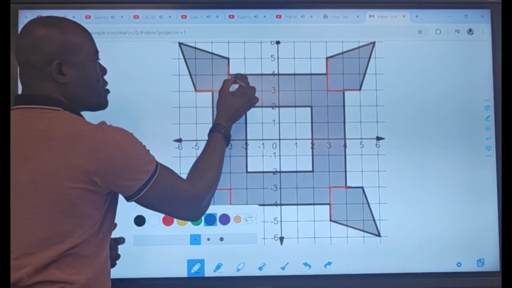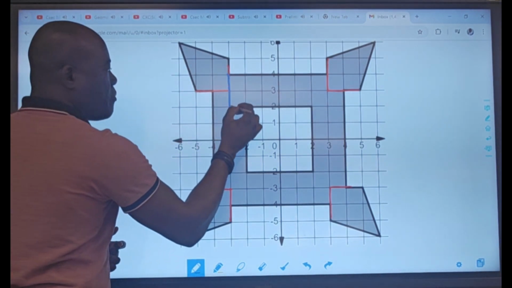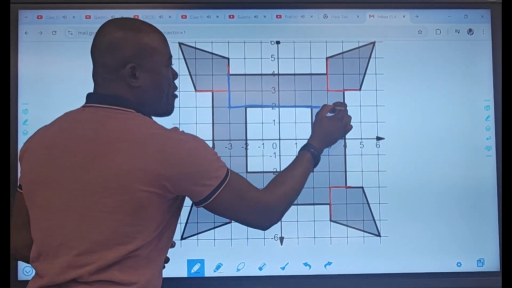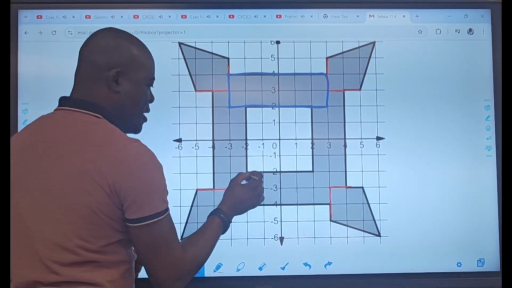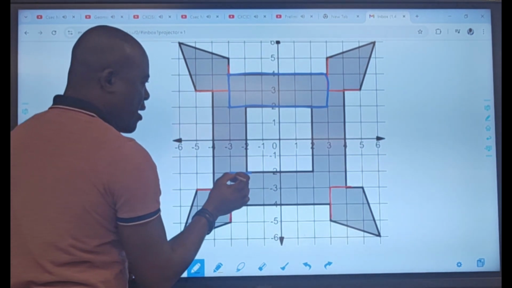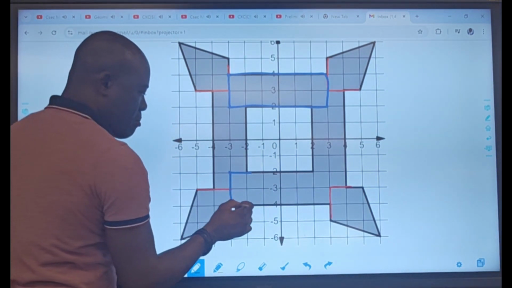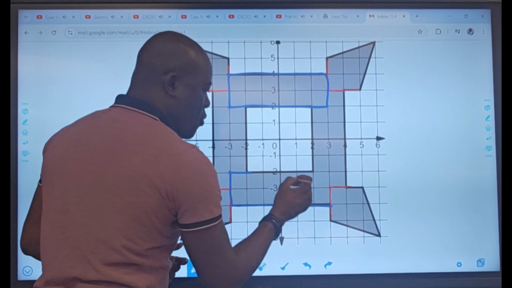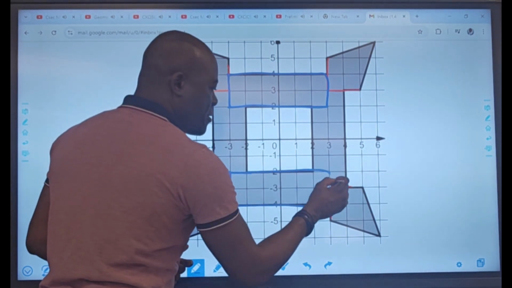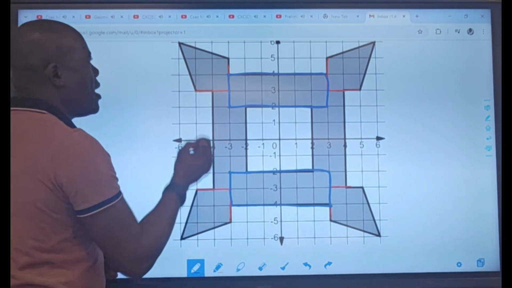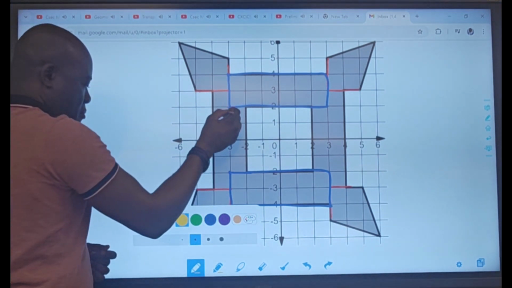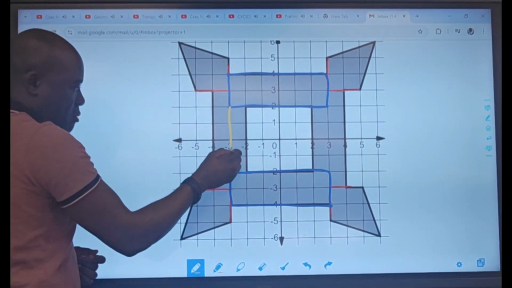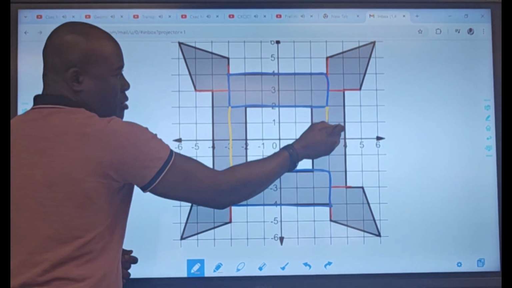So if I just extend this line here, I'm looking at a rectangle here, and I'm seeing the same size rectangle here as well. So I'm cutting this up into smaller pieces, and then more rectangles.